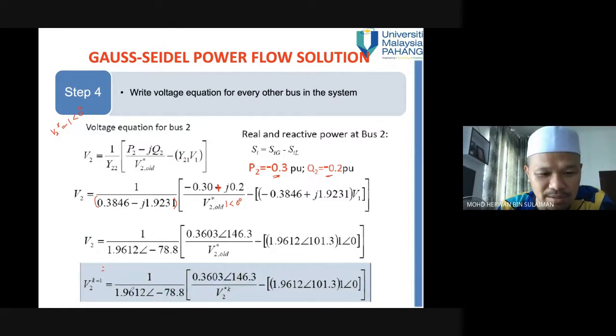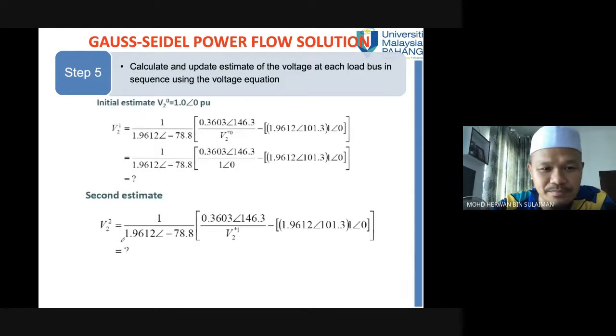So for the next iteration, you need to update the value. Since we have two buses, it should be no problem. This is the first iteration, right? For this, you need to use your calculator, so that's why in my class normally I will ask you to calculate these things.